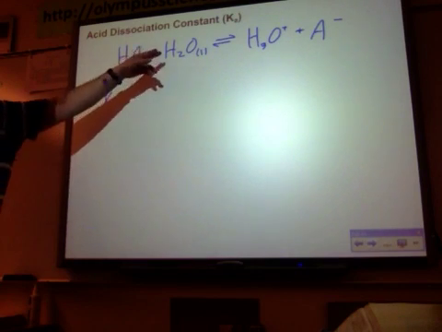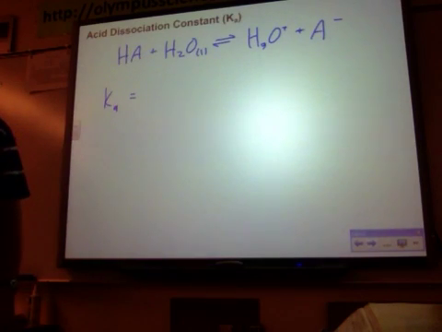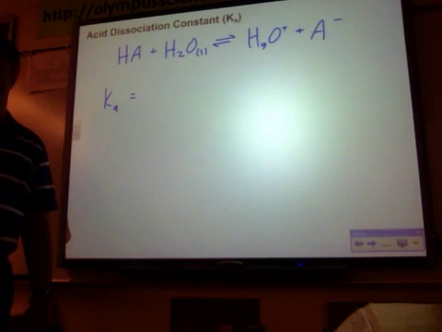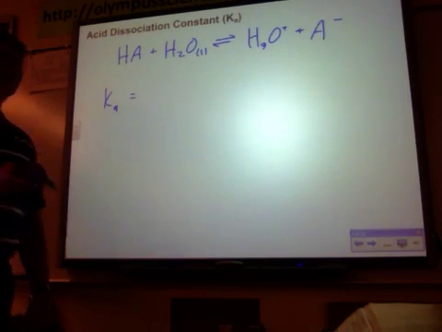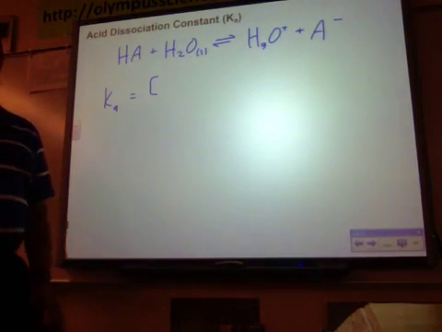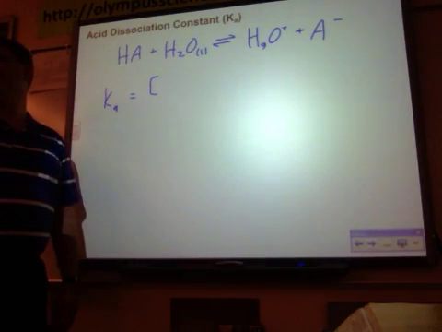Well, take this reaction and let's make an equilibrium constant expression out of it. What do we have to do? Would you like a hint? We'll start with this. Concentration of the products. Does this look familiar?